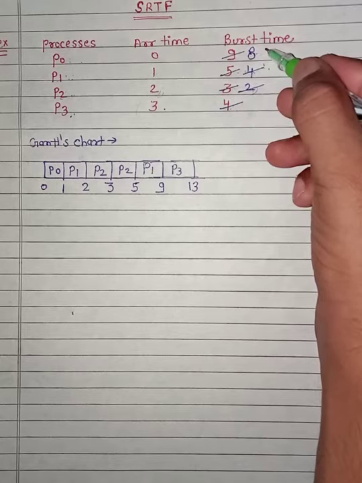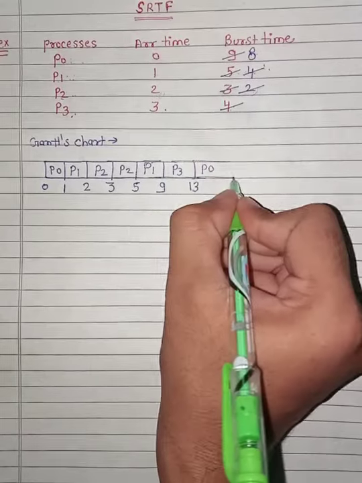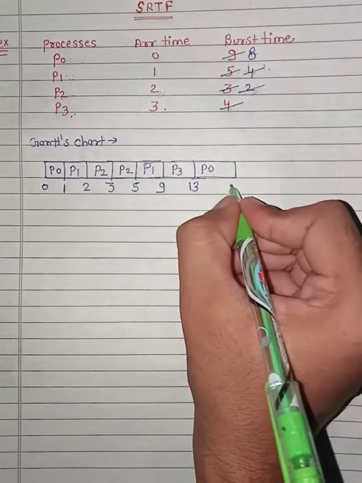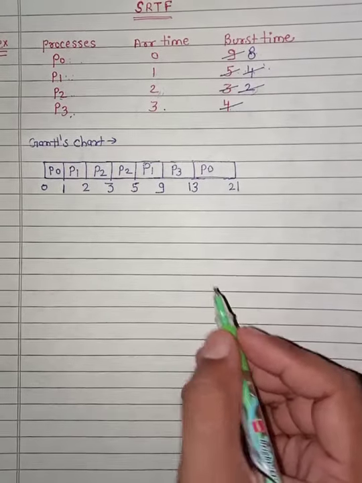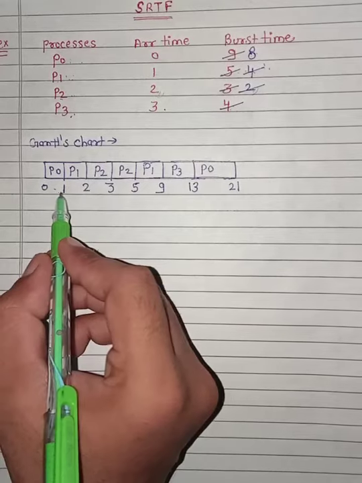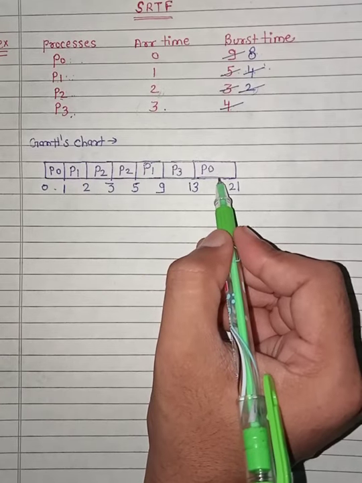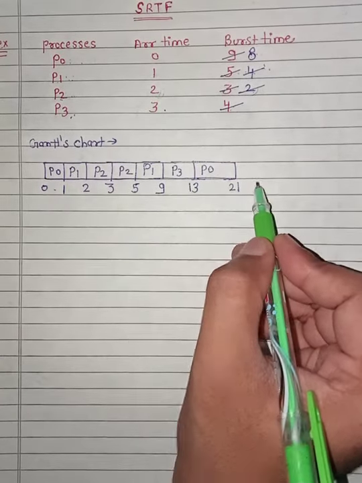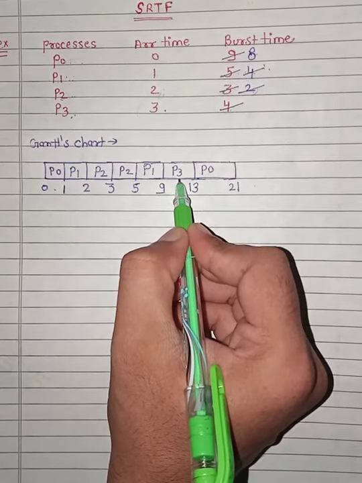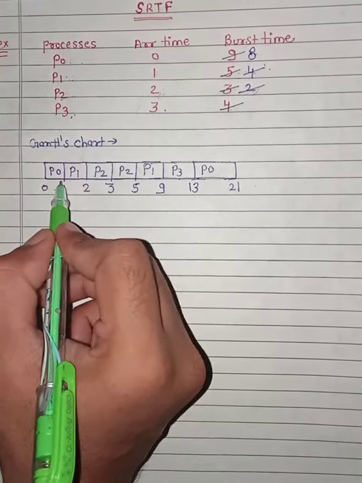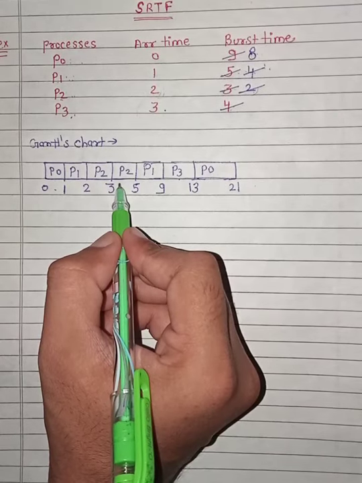At the last, 8 units of time for P0, so 13 plus 8, 21. So we can say here process P0 has completed its execution at the last. The second last process is P3, and first P2 has completed its execution.